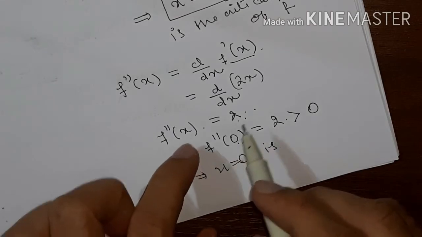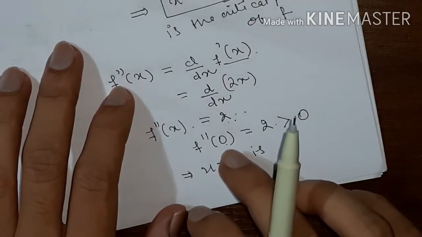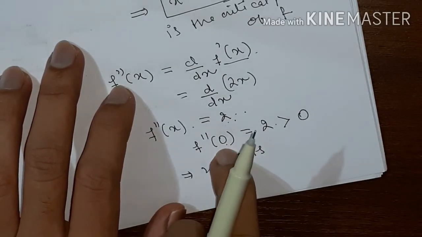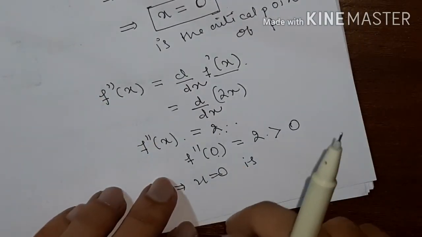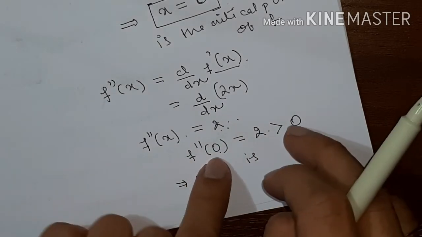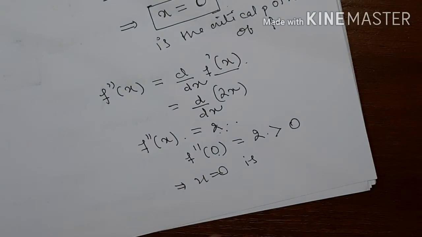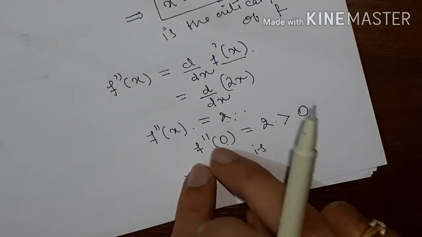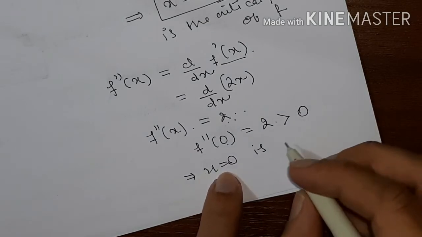If f prime of x is 0, first of all f prime of c is 0, c is the critical point. Then f double prime at c, if you find that it is greater than 0, then what will happen?